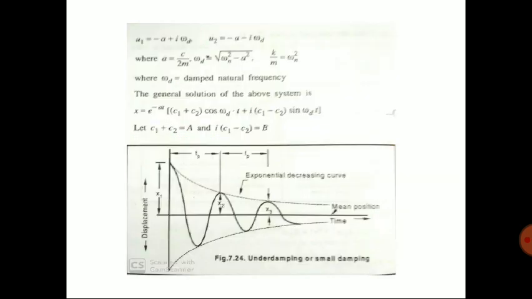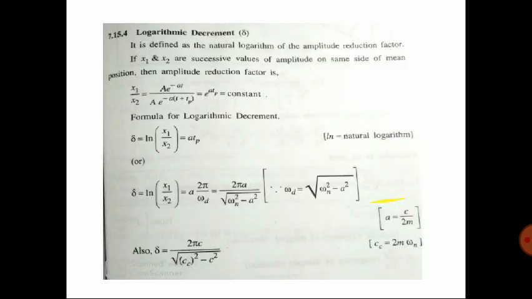If you are looking at the underdamped system, you can see x1, x2, x3, and delta means the natural logarithm of x1 to x2, or x2 to x3, or x3 to x4, like that. So that is called logarithmic decrement.